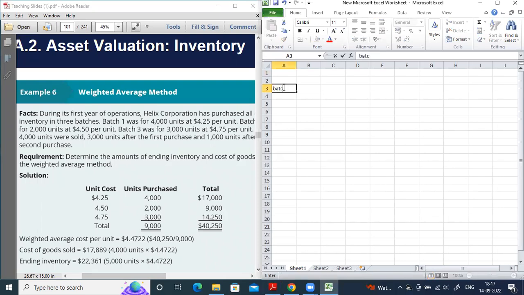So in batch 1, purchased 10,000 units at the rate of 20. In batch 2, purchased 12,000 units at the rate of 22.